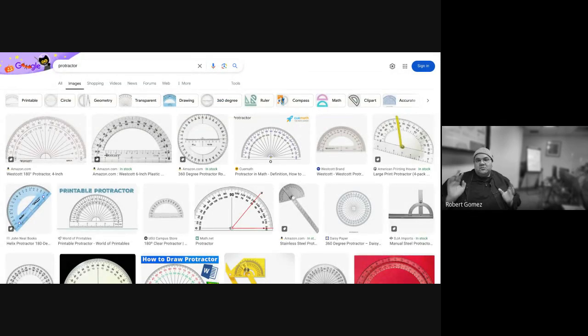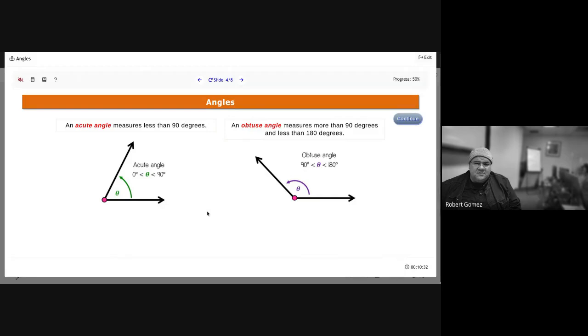You would use that tool to measure how wide an angle is. That's what you would use to determine that, okay? But don't worry too much about measuring right now. Early on, they oftentimes just give you the measurements already. So don't worry too much.